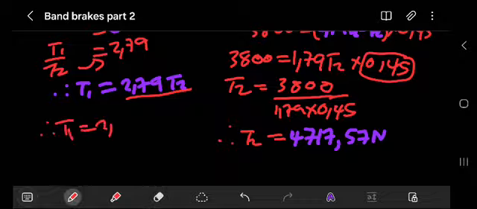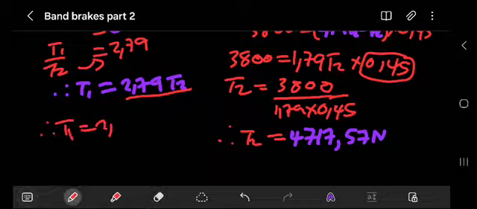So we'll have to add T1 multiplied by this distance, which is 0.02. Then the anti-clockwise one will be T2.